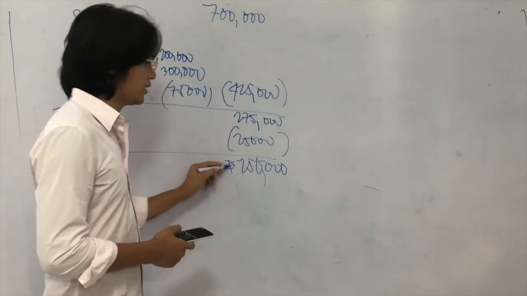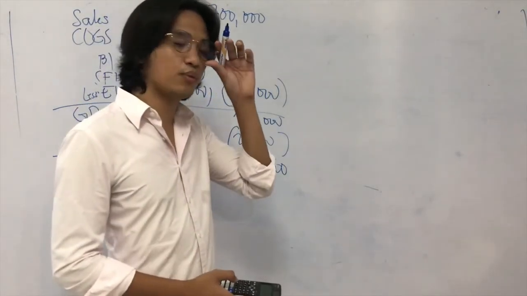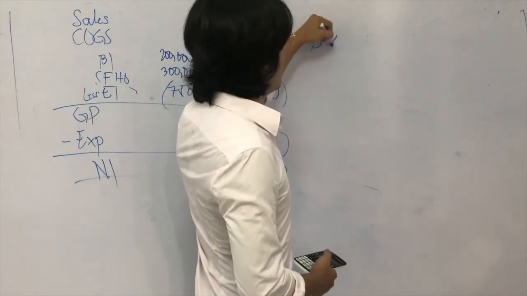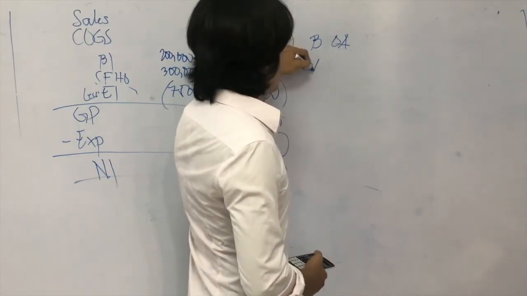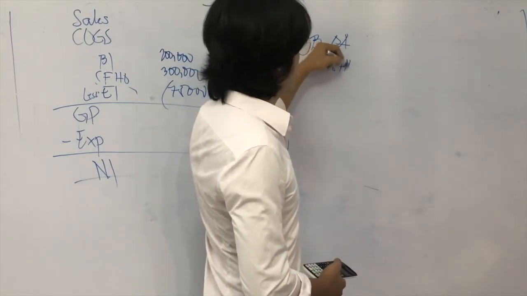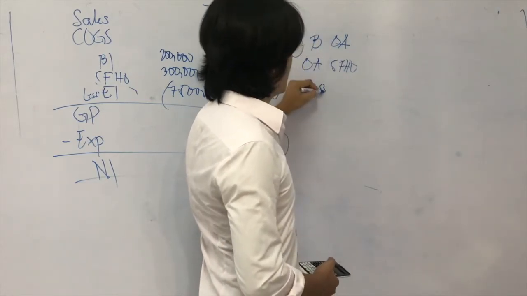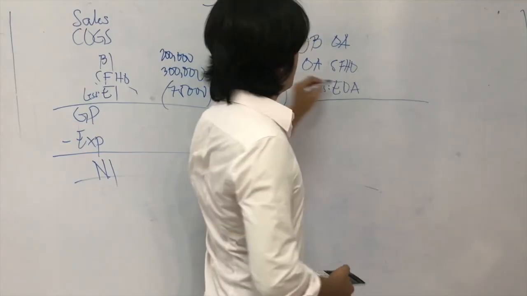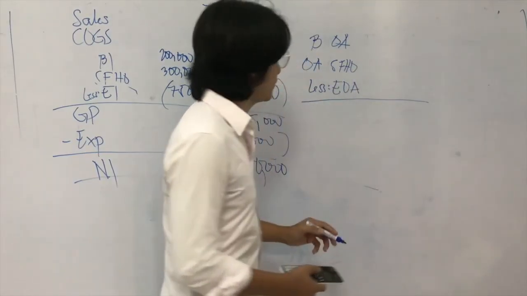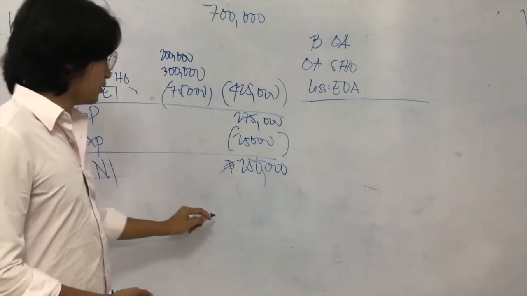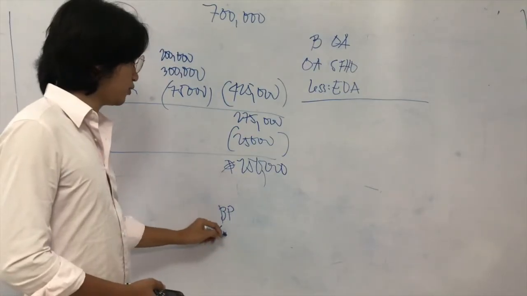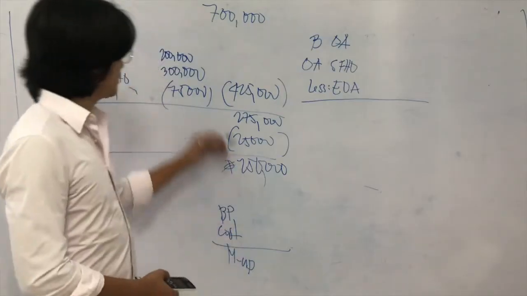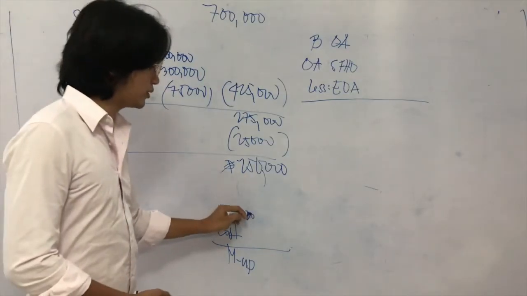Okay, and then for the realized portion of the markup, we have our beginning balance of overvaluation, plus overvaluation of shipments from home office, less ending balance of overvaluation. Now for the beginning balance of our overvaluation, that's billed price, you have cost, you have markup. Our billed price is 200,000.